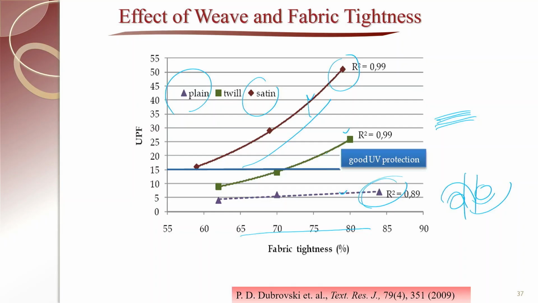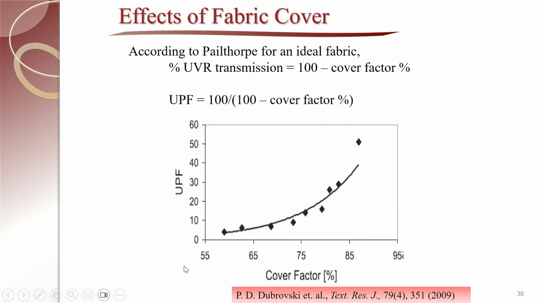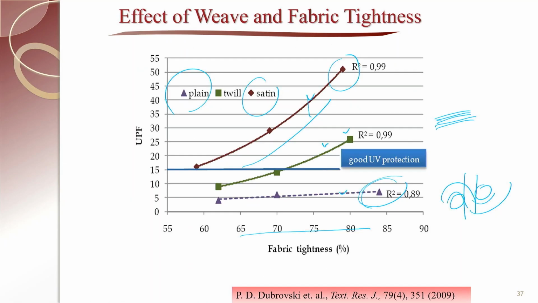So, twill is used for high UPF, and this trend is not universal. This is for a particular set of fabric, and that can also change depending on the type of yarn and all other aspects we have to take into consideration.